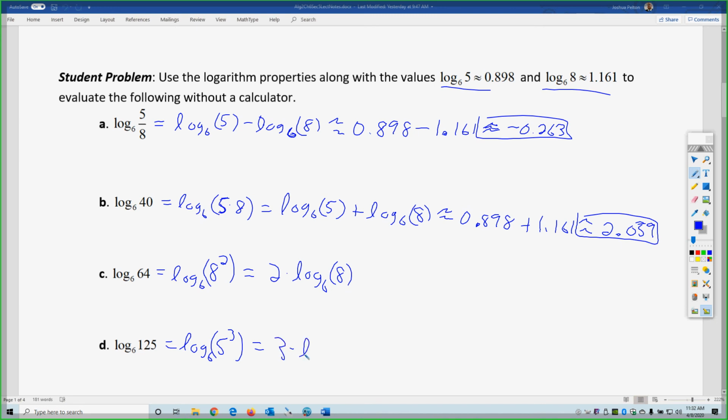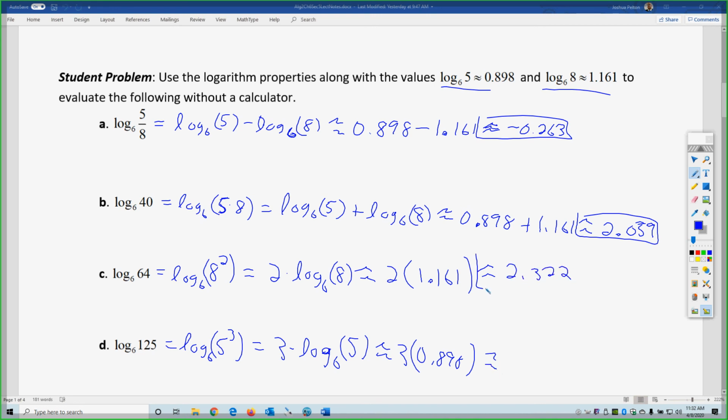And this is 3 times the log base 6 of 5, which is approximately 2 times and 3 times those values that were given, which is 1.161 and the other one is 0.898 for final answers once multiplied of 2.322 approximately, and approximately 2.694. Okay, that is the end of part 1.